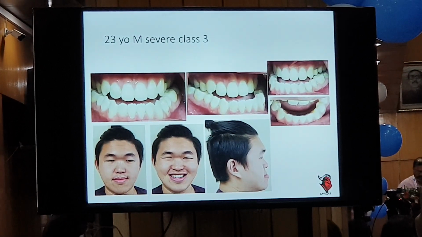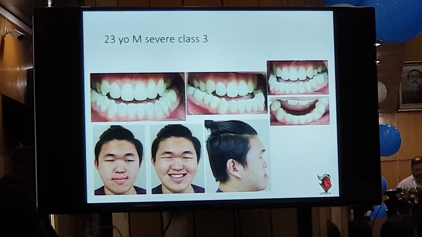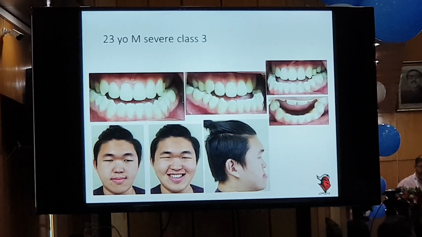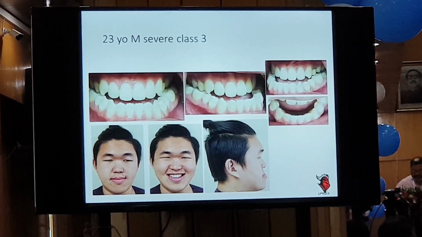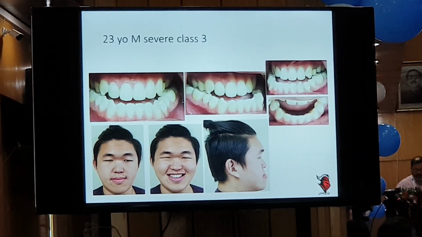And this, I think, is the final case I wanted to show. Again, a 23-year-old male, severe class 3, a relative transverse discrepancy. Actually, when we put the models together, he didn't have a transverse discrepancy. So he was going to have a Lefort osteotomy and maybe a setback.